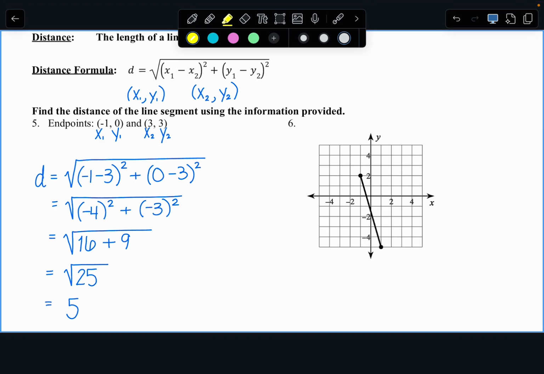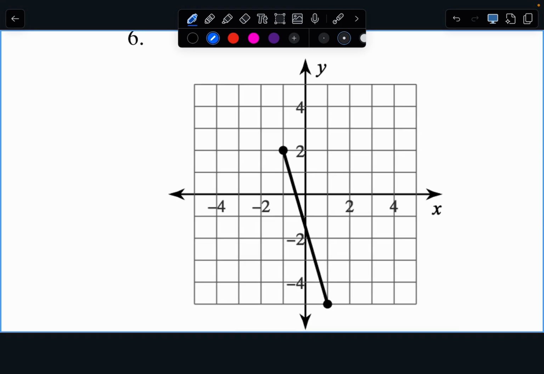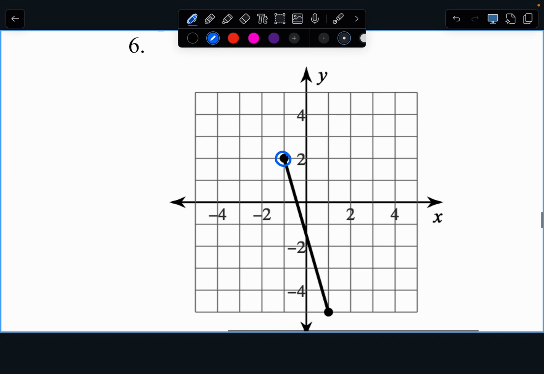All right, let's try it again, but if we're given a graph, the first thing we have to do is find the points. So this left point is (-1, 2), and this right point is (1, -5).